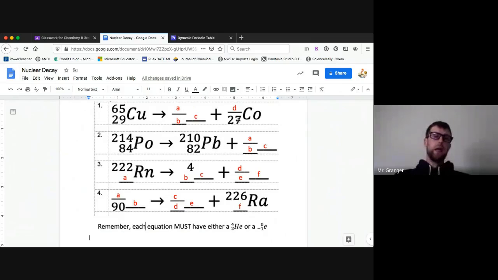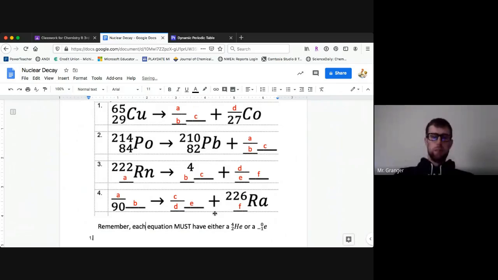Those added together equal 29. So 29 minus 27 is going to equal 2 for our atomic number. Therefore we know that the decay type is going to be this alpha particle, 4/2 He.